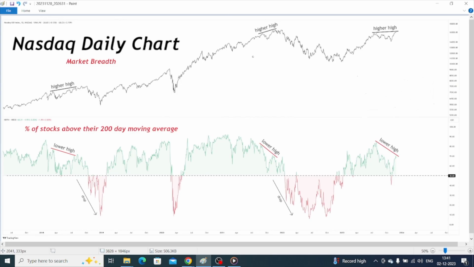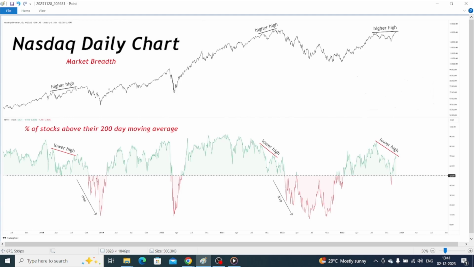This is just a snapshot I have taken for you all. What it is showing is market breadth, because market breadth is very important for judging the overall market. If the market breadth is strong, then we can say that the overall market has strength and the rally also has strength and further room on the upside.